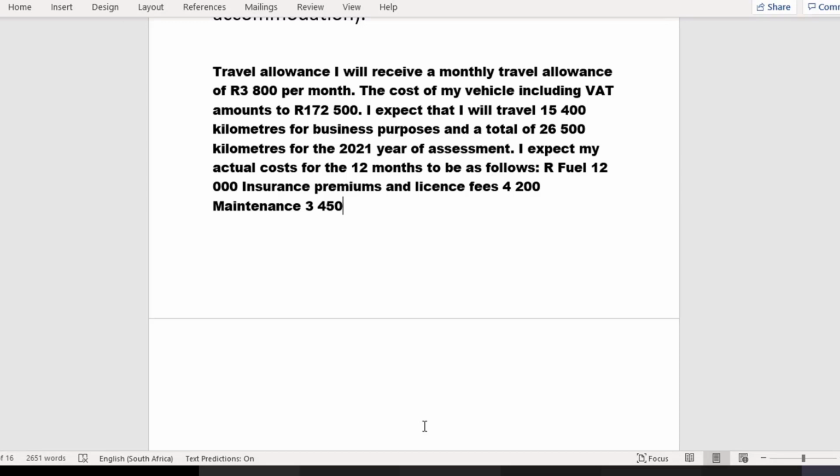All right. So in here, we are given the business kilometers along with the total kilometers to be traveled. Makes sense. Meaning that you're going to look for the private kilometers. So this is how you're going to approach the question. You're going to say, my business kilometers. And then you go down, you'll say, what else am I given for the business kilometers?